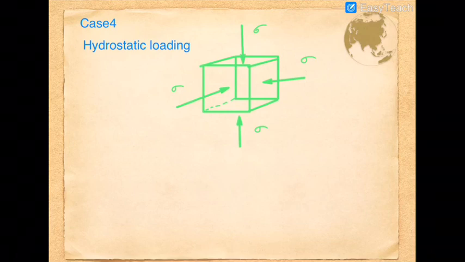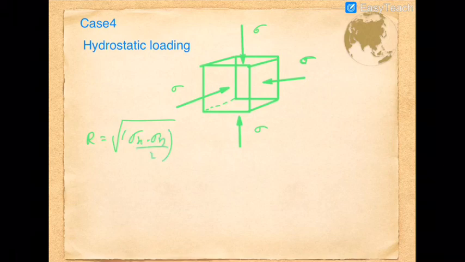So in hydrostatic loading, from all directions, the object will be squeezed or supplied with the same magnitude stress. Definitely the radius of circle become corresponding root of sigma x minus sigma y by 2 the whole square plus tau xy the whole square value.